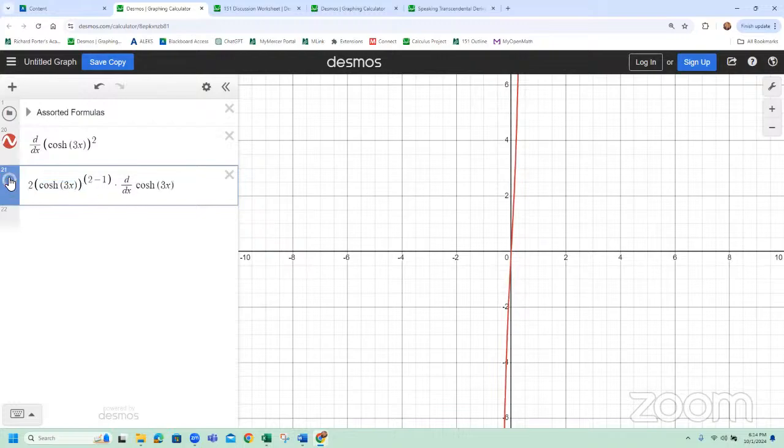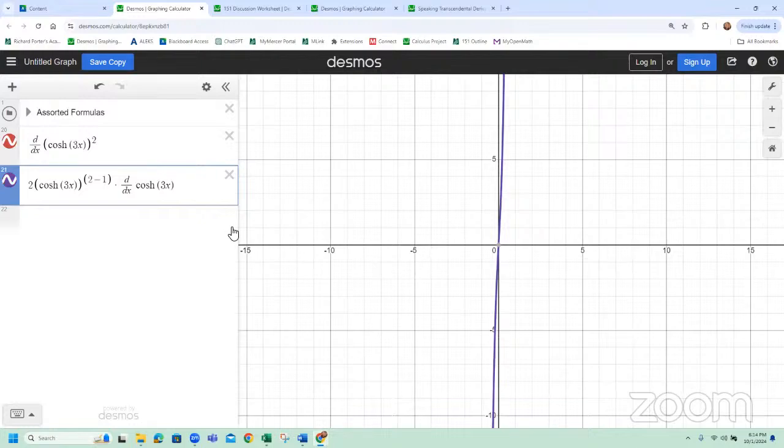Okay. And if I change the color to purple, you see that's the same answer. The purple and the red line are the same. Okay, so we didn't change anything. Okay, by the way, where did that derivative of cosh of 3x come from? What rule is that?